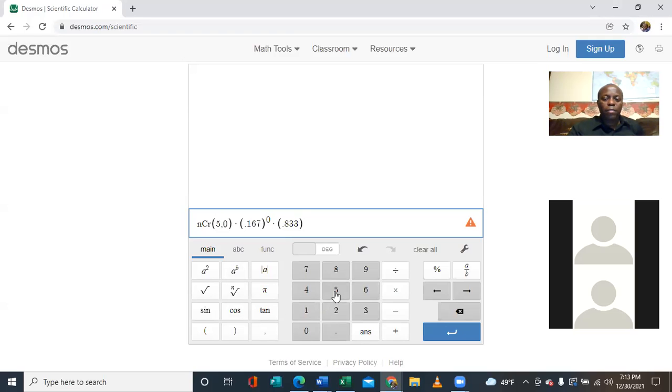By the time you start doing this manually to get this part, it will take you a long time, so just learn how to do it with the calculator to save your time. So the answer is 0.40107, I mean 0.401. So we go to our work and put 0.401.